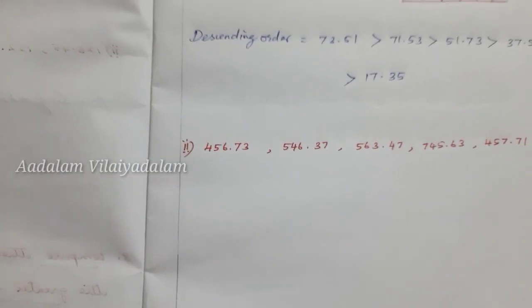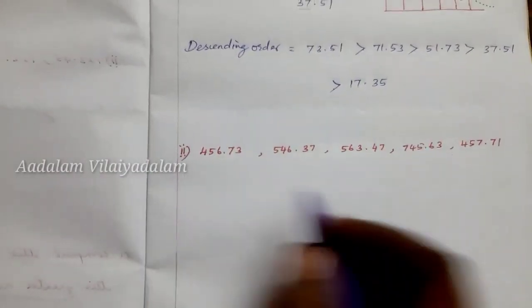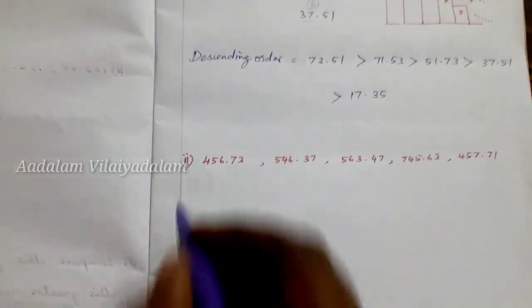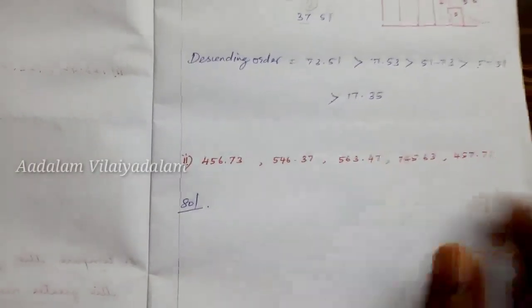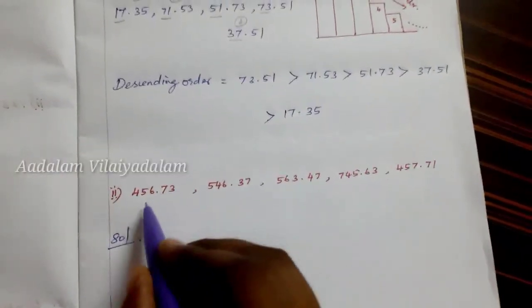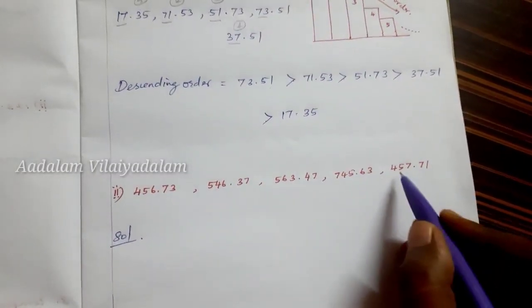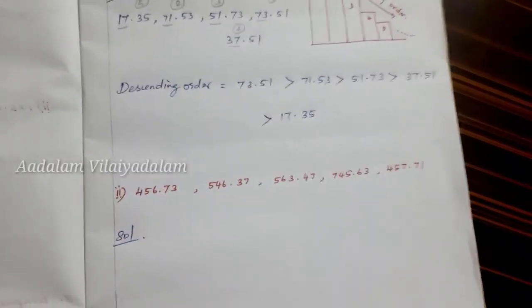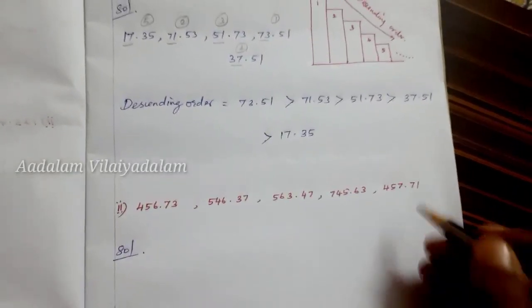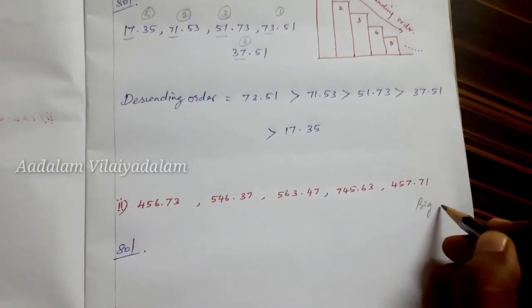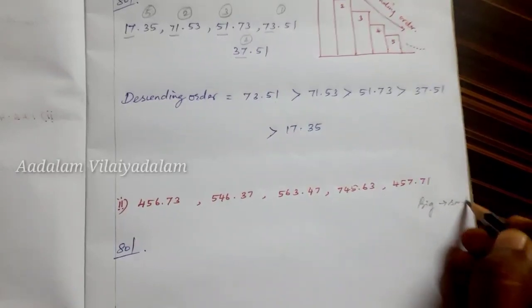The same way, let us move to the second subdivision. Compare these 5 decimal numbers: 446.73, 546.37, 563.47, 745.63, 457.71. So here we need to write big to small. So big number to small number we need to write, isn't it?